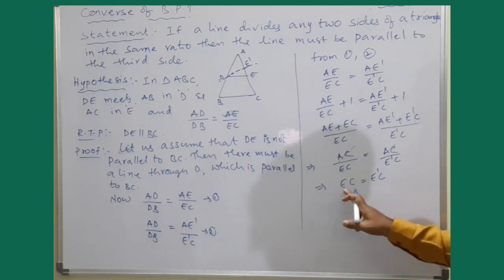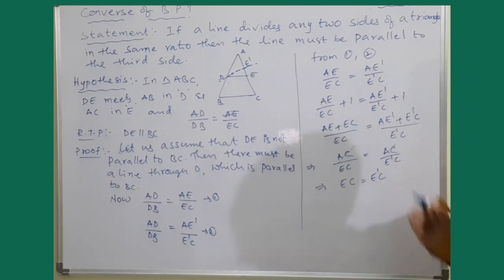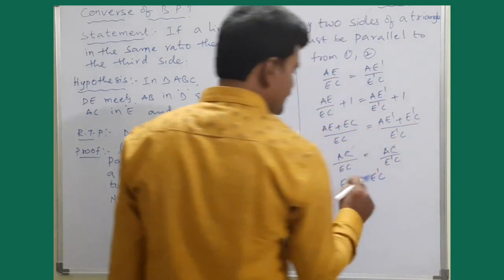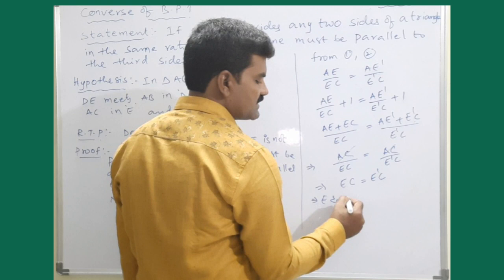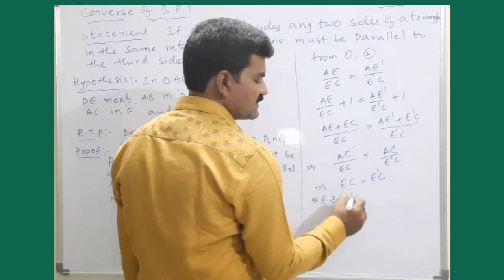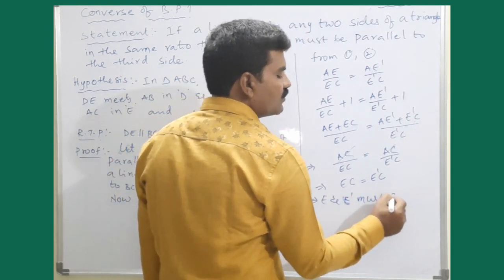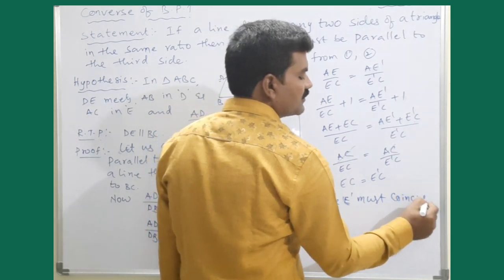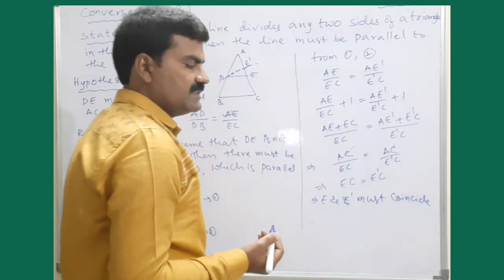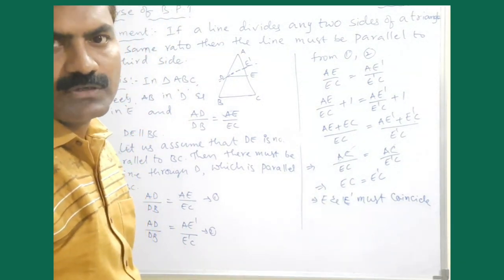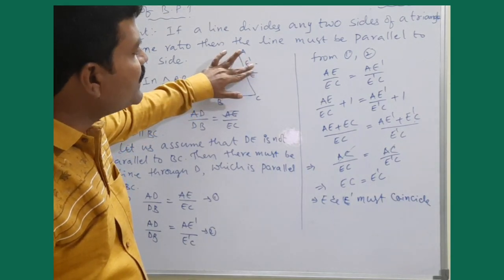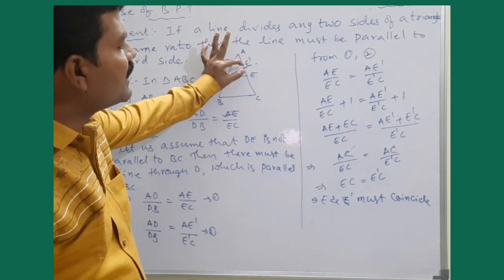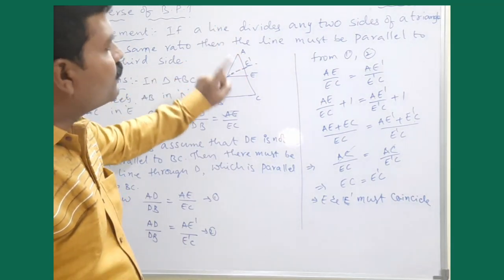That means clearly E and E dash are not two different points. They are the same point. E and E dash must coincide. They are not two different points, only one point.